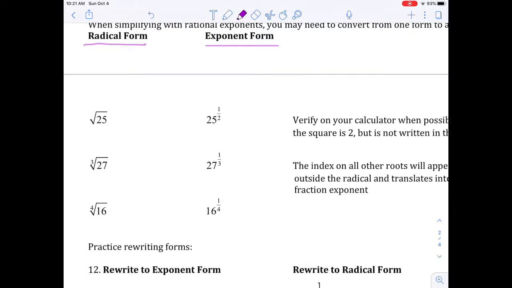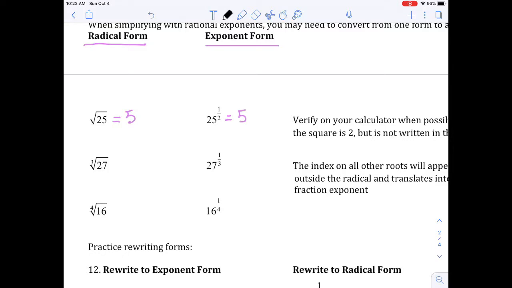So take a look, the square root of 25. On your calculator, type in 25 raised to the 1/2, and you're going to see that you get 5. So the square root of 25 is the number 5. 25 to the 1/2 is 5. You should be able to verify that on your calculator.